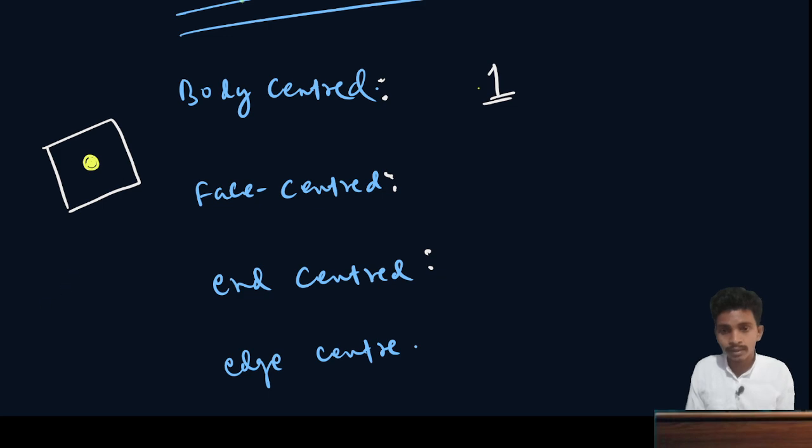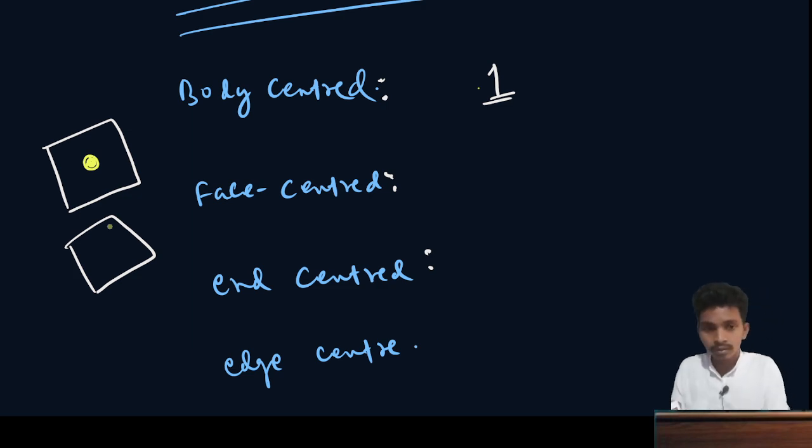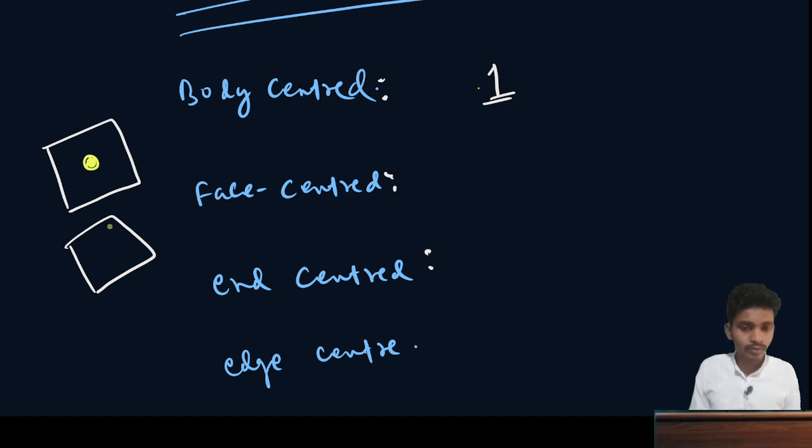Now the lattice point is present at the base center. Let's say this is the full crystal and this is the lattice, and in this is the unit cell. Let's check that contribution.